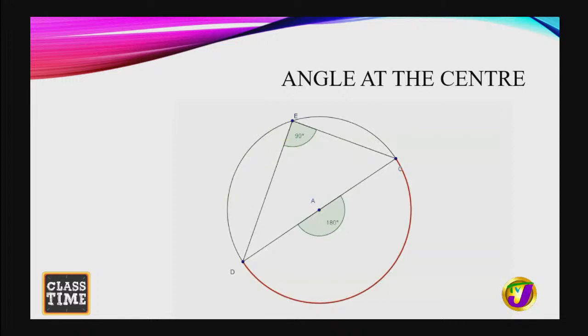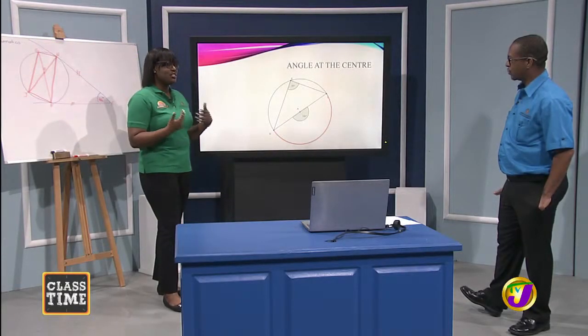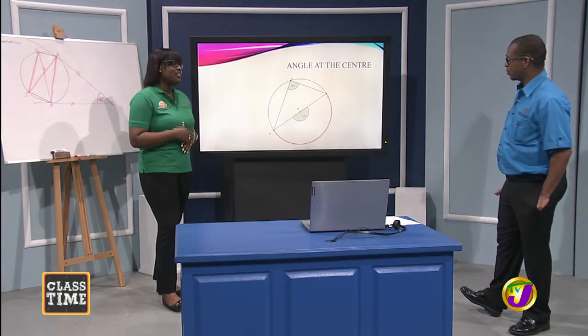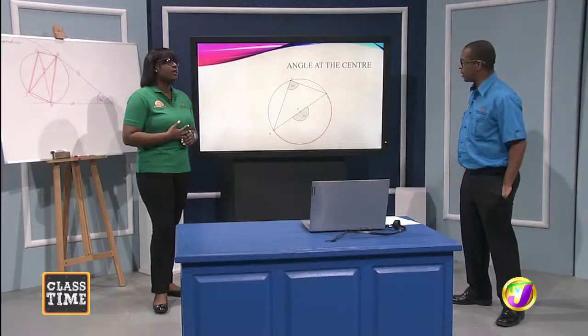Each time as you increased the arc, so as it got bigger, I realized that the angle at the center and the angle at the circumference also change. So yes, there's a relationship between them, and one is twice the value of the other. And that relationship holds true for all the cases that we would have seen in our example.